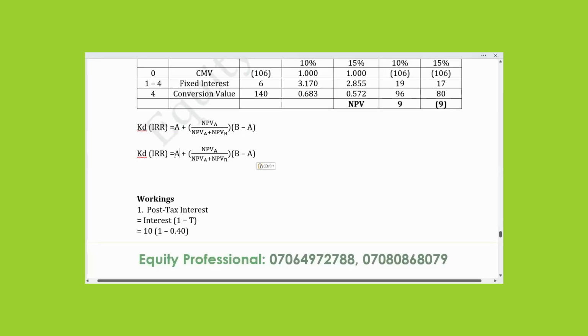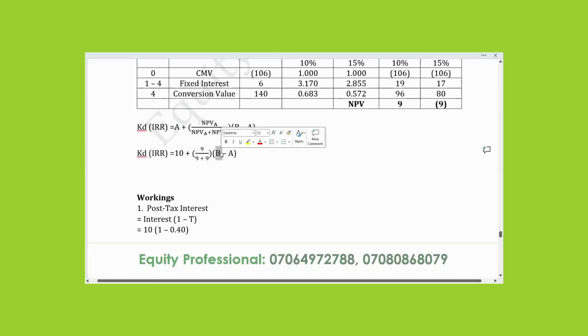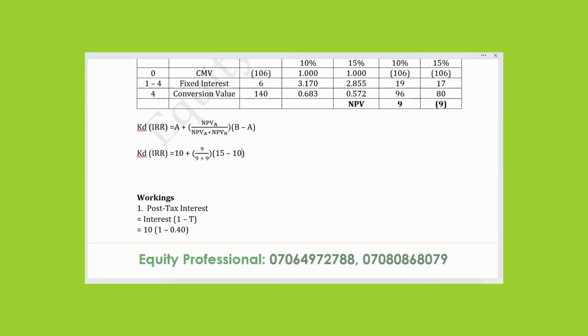We assumed 10 and 15%. 10% is lower, just put 10. The NPV of that 10% is 9 naira, so put 9 there. The NPV of the higher discount rate is also minus 9. Just put 9. That's why you are seeing plus there. Therefore, B, the higher discount rate, is 15, and A, the lower discount rate, is 10.